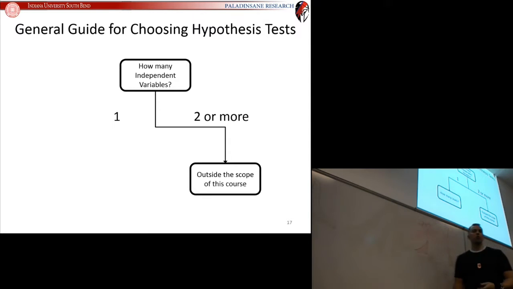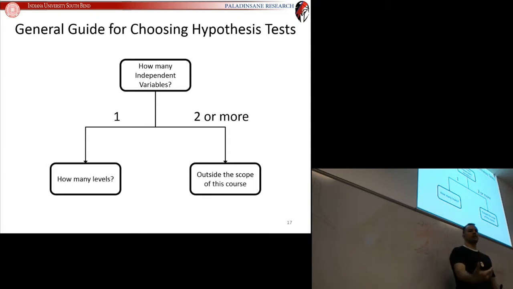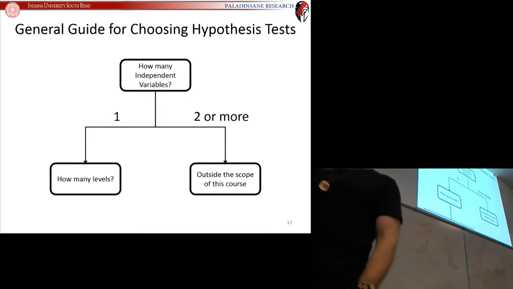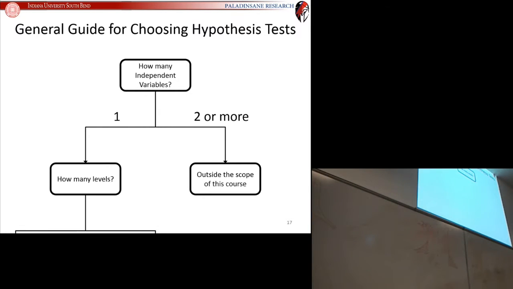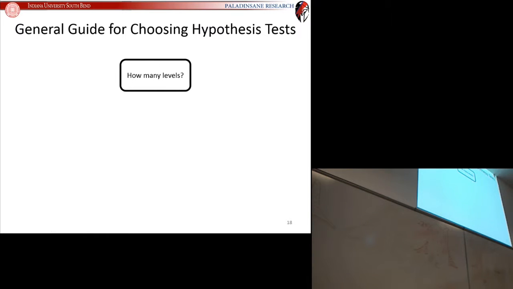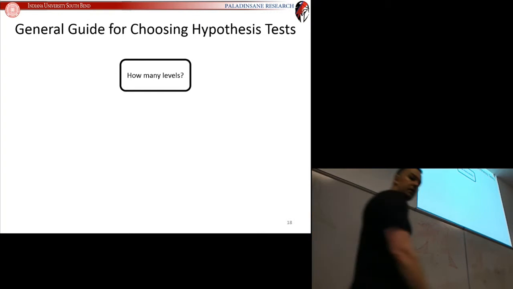So once you identify that you have 1 independent variable, the next thing you need to do is ask, how many levels are there in that variable? How many different values does that variable take? And this again is in 2 different categories.